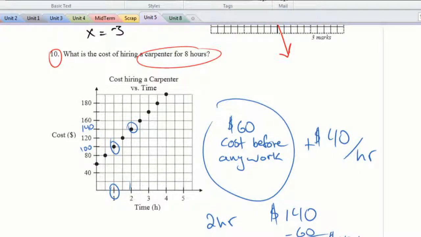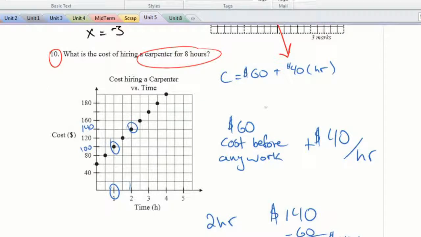Or if there are many questions regarding this one question, you could write some sort of equation. You could say the cost is equal to the initial $60 plus $40 times every hour worked. So if I work 0 hours, it's 40 times 0. If I work 1 hour, it's 40 times 1. I could put 2 in there or 3. But the question specifically is asking for 8.